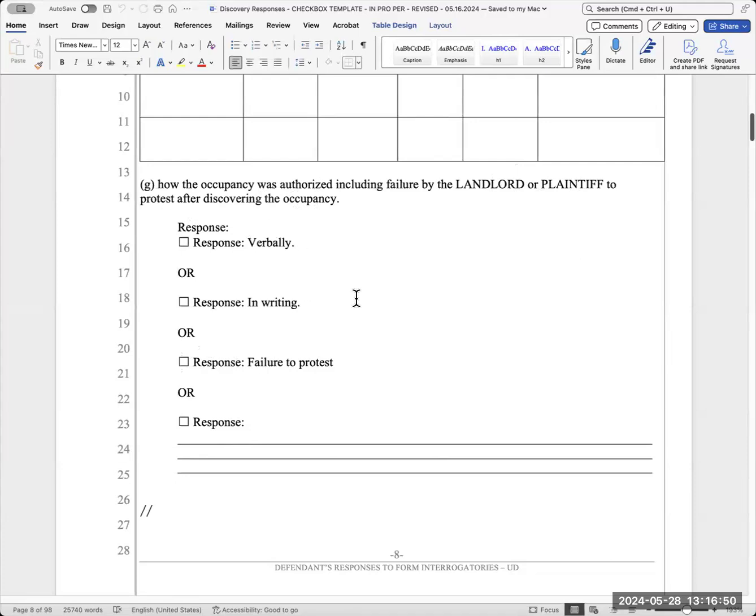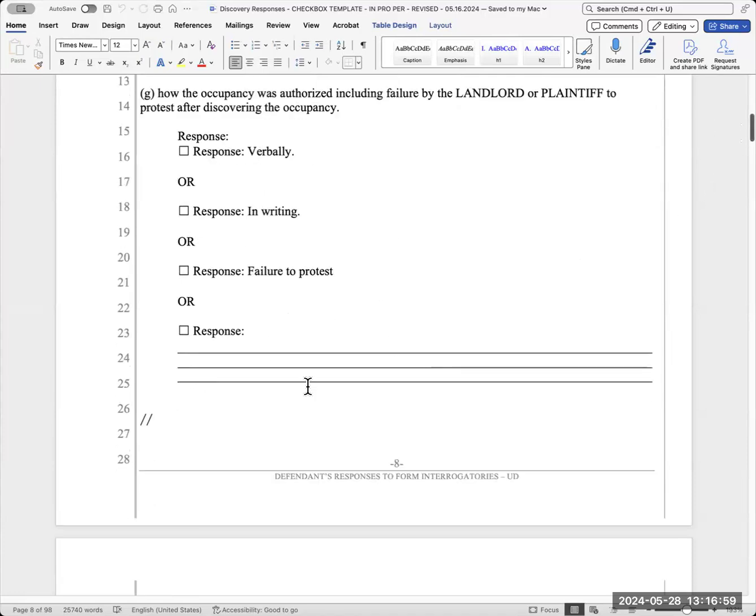That means they were definitely made aware, one way or another, and did not protest the person living there. If there's some other explanation, so verbally, in writing, failure to protest, or some other response.